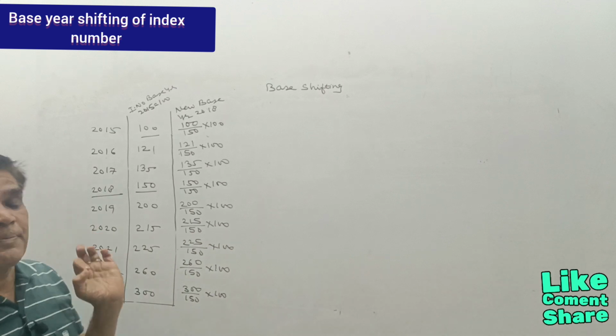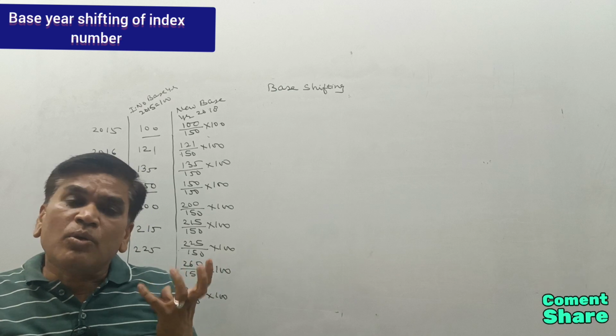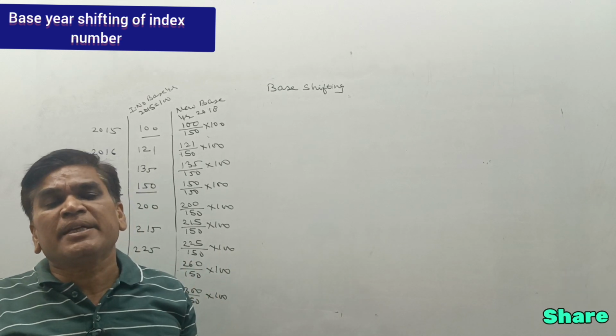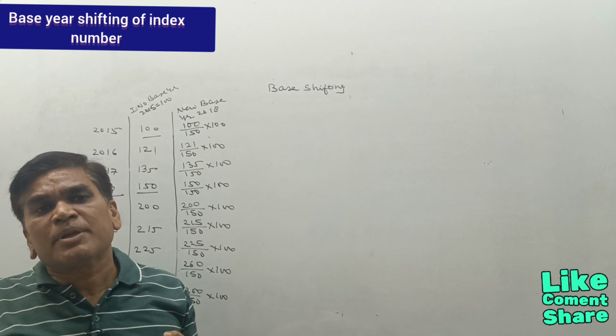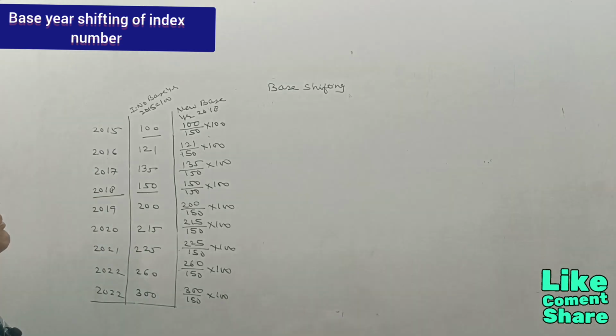So the formula is very clear: the old index number of the current year divided by the old index number of the new base year, multiplied by 100. It is very easy to do base shifting.